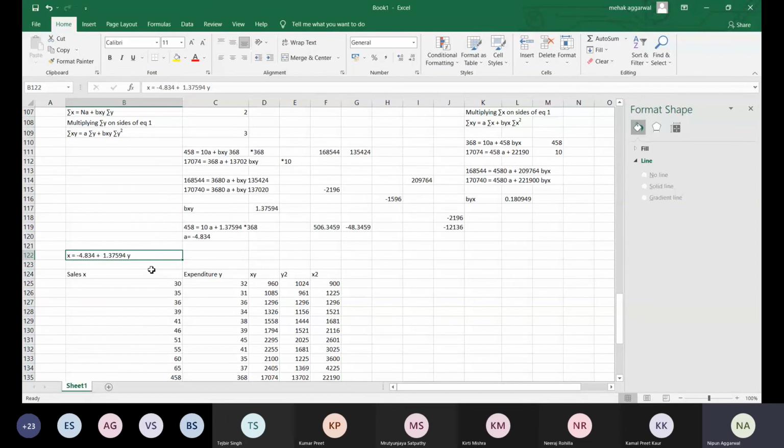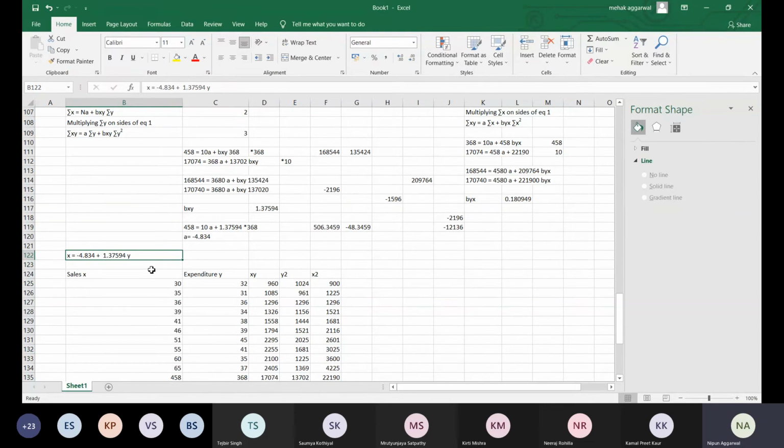Excuse me, sir. Yes. Sir, please repeat this interpretation of this line. Interpretation is like this: we have represented x is equal to minus 0.4834 plus this, so this is the regression line showing how the x is dependent on y. So that means sales is dependent on expenditure in this way, which says if expenditure is 0, if y is 0, then also there is some sales, which is minus 0.4834.